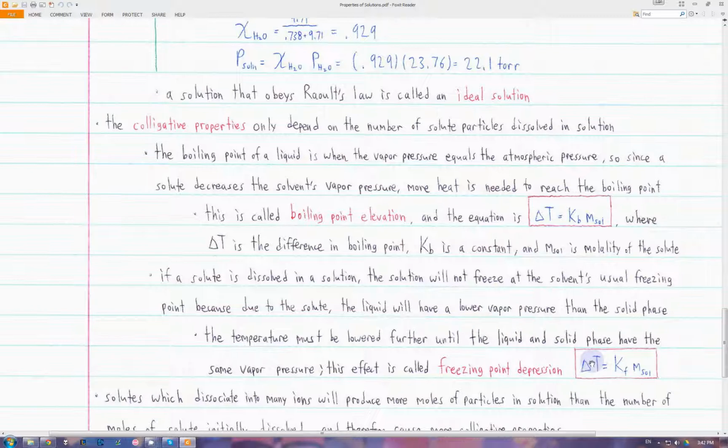The formula for freezing point depression is the same as boiling point elevation. How much the freezing point is lower is equal to a constant K times the molality of the solute. For any solvent, it'll have two constants associated with it. One is for the boiling point equation, and one is for the freezing point equation.